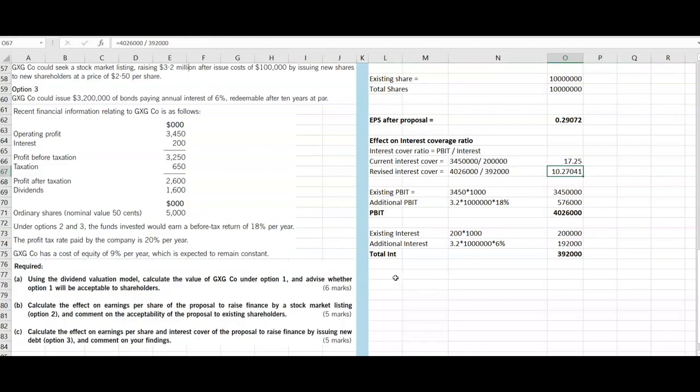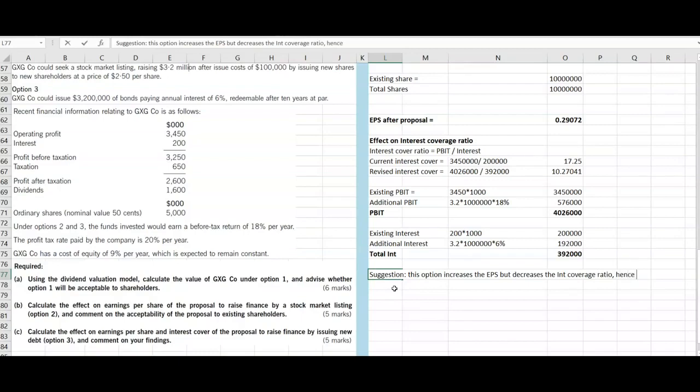Falling is a bad signal. So we can put a suggestion like this: this option increases the EPS but decreases the interest coverage ratio.